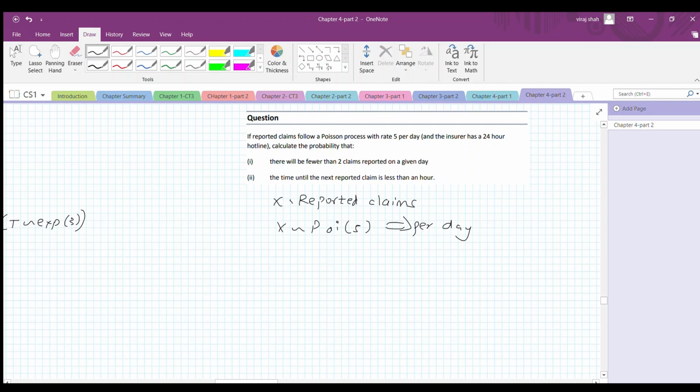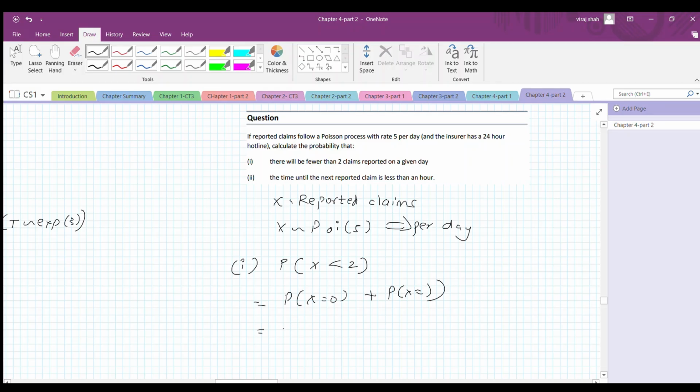Calculate the probability that fewer than 2 claims are reported on a given day. I want the probability that in a day there are fewer than 2 claims, which is nothing but probability X equal to 0 plus probability X equal to 1, right? It is a discrete distribution, but if it had been a continuous distribution, it would be nothing but an integral.